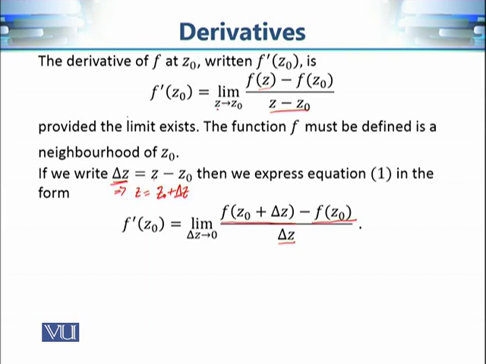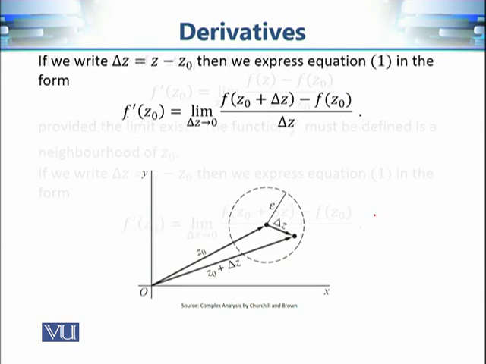And of course when z approaches z0, then this delta z approaches 0. If z approaches z0, then this implies the difference between them approaches 0. So these are equivalent definitions, but sometimes it's more useful to use the first definition, and sometimes it's more useful to use the second definition.